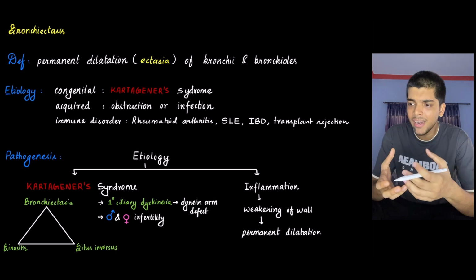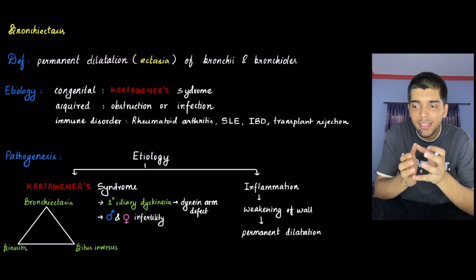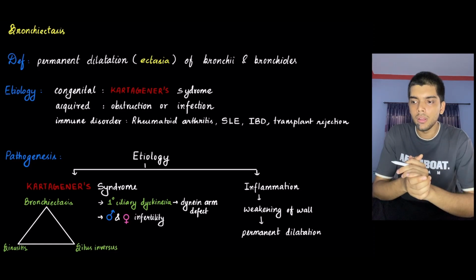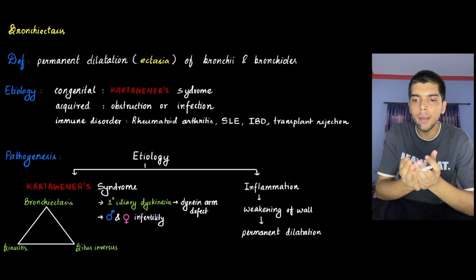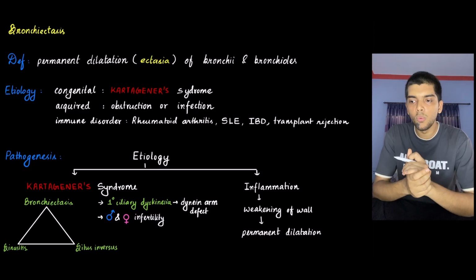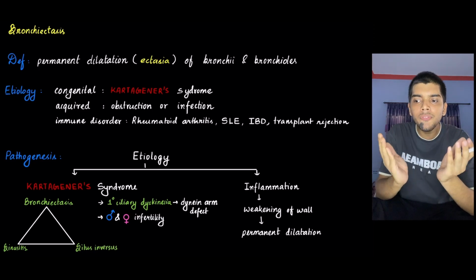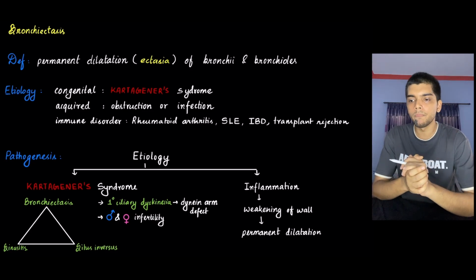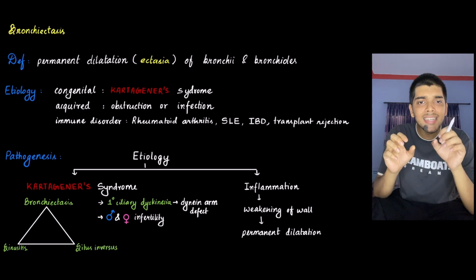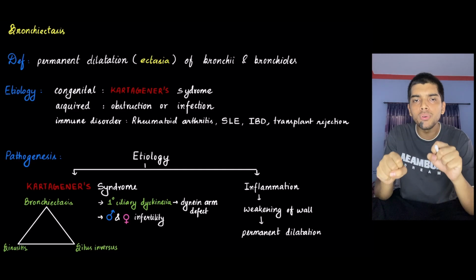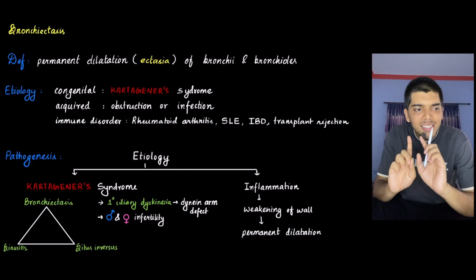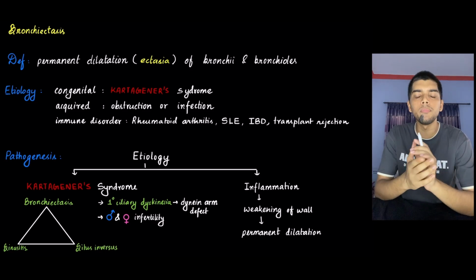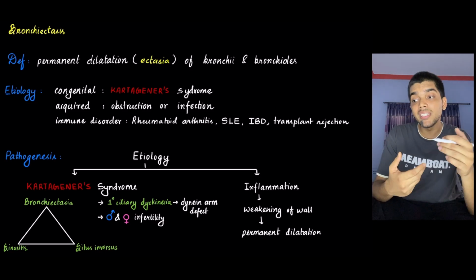Now, why is it that these tubes have dilated? It is because the wall of bronchi and bronchioles has become weak. Why is there weakening of the wall? Because there is destruction of portions of the wall of bronchi and bronchioles. Why is there destruction? Probably because there is inflammation.